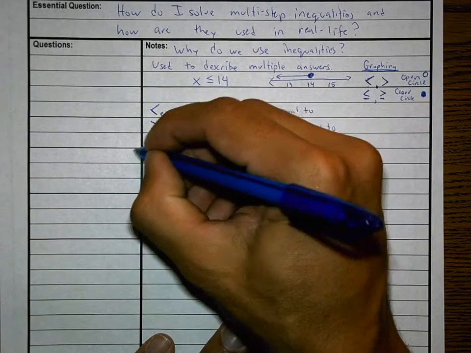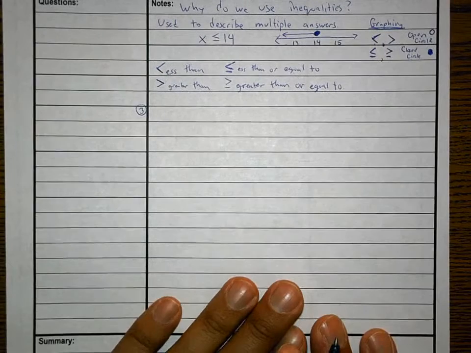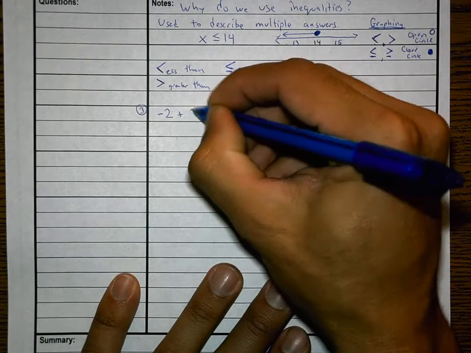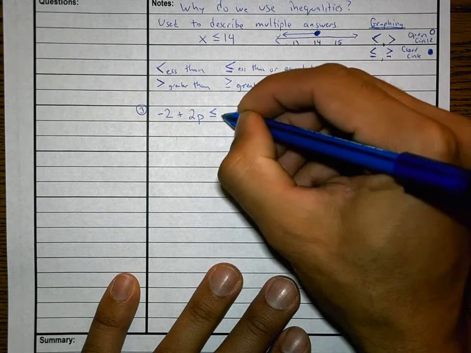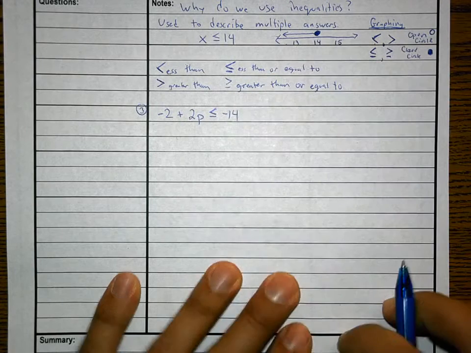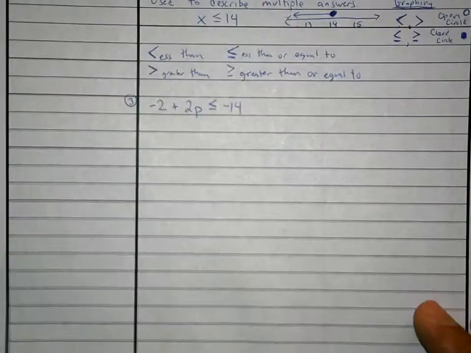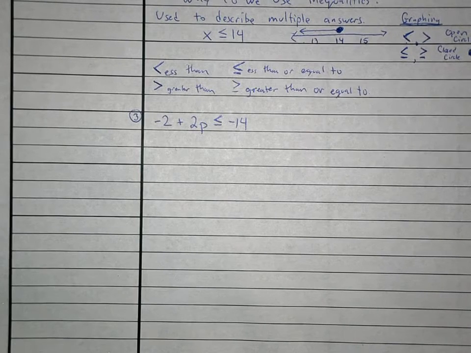So let's do an example like number 3 on your worksheet. Number 3 says negative 2 plus 2p is less than or equal to negative 14.